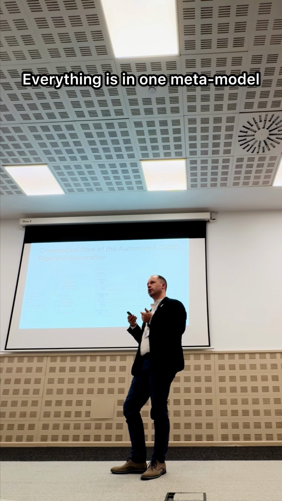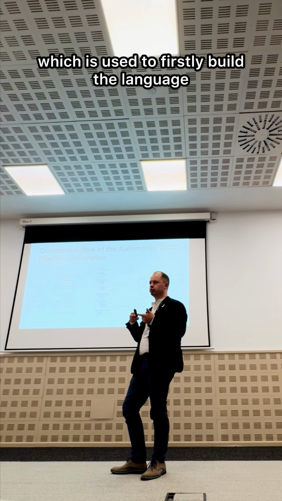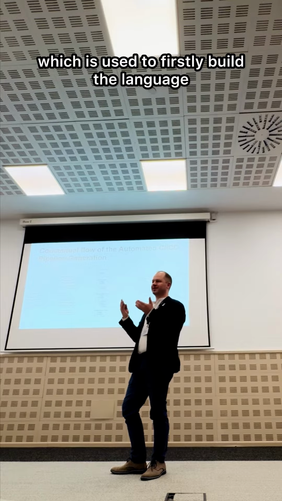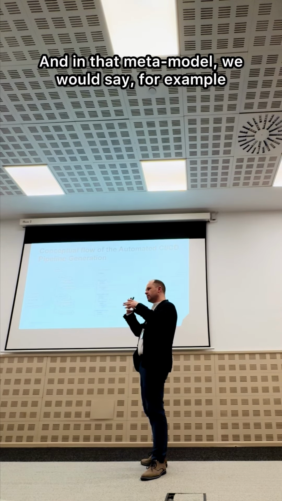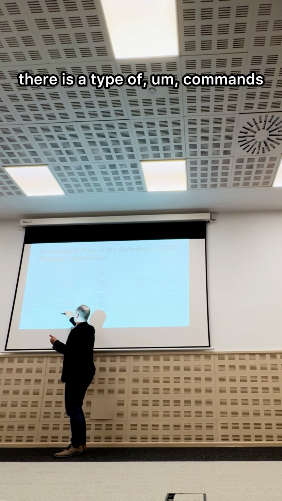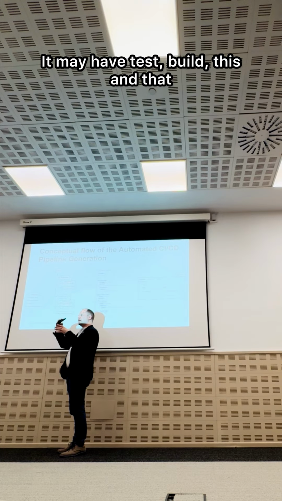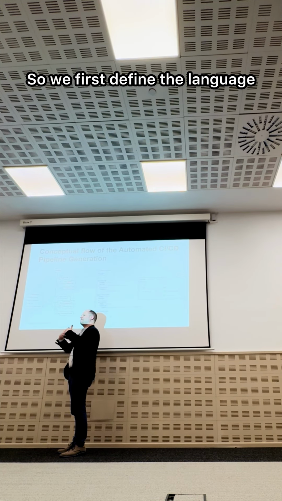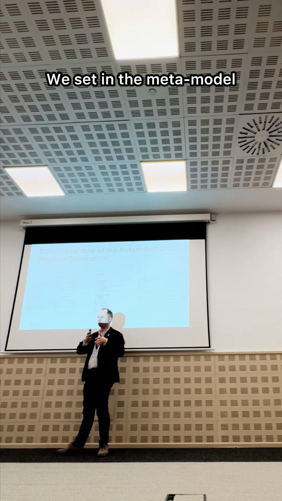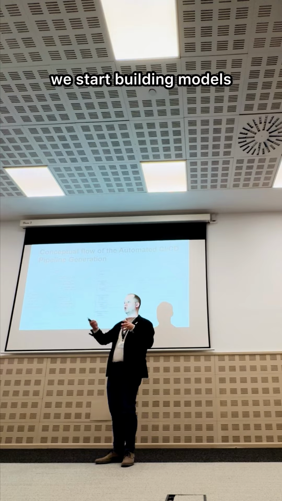Everything is in one meta model, which is used to firstly build the language. In that meta model, we would say, for example, there is a type of command as an element. It may have test, build, this and that. So we first define the language in the meta model, and then based on this meta model, we start building models.